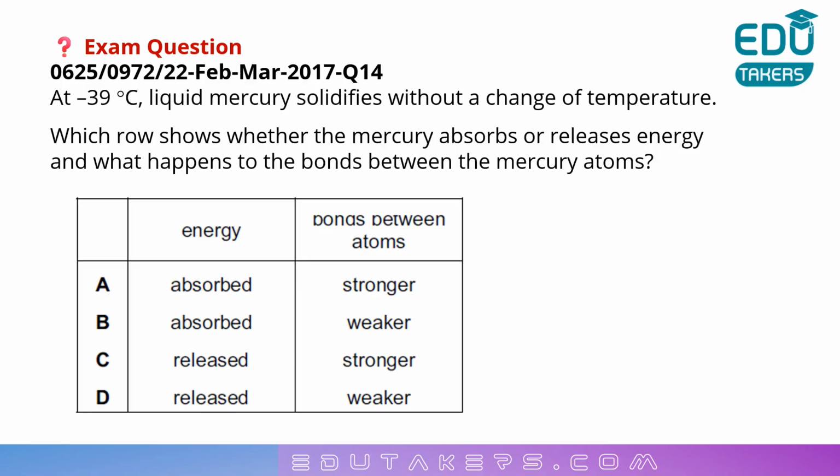As for the bonds between atoms, when a liquid becomes a solid, the particles move closer together and arrange themselves in a more orderly structure. This means the intermolecular forces, or bonds, between the atoms become stronger as the substance solidifies. Based on this explanation, the correct option is row C: energy is released and bonds between mercury atoms become stronger.